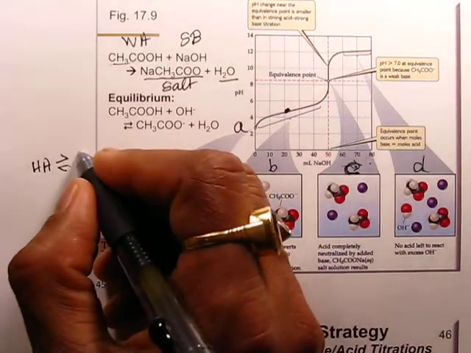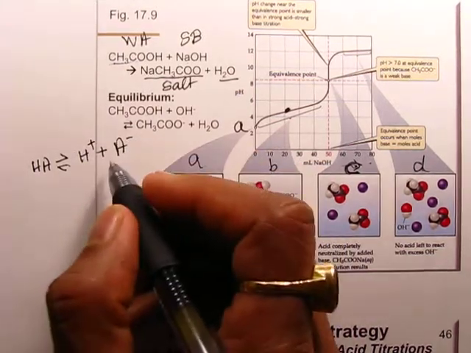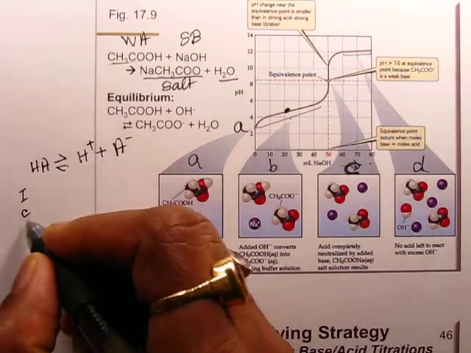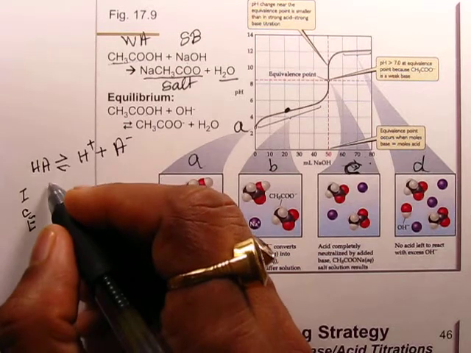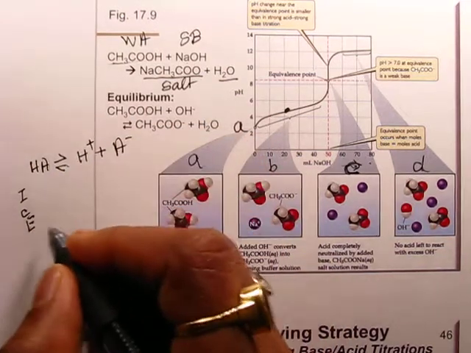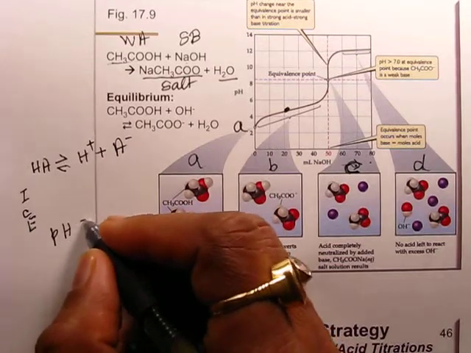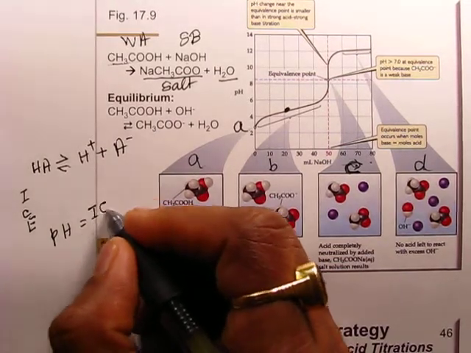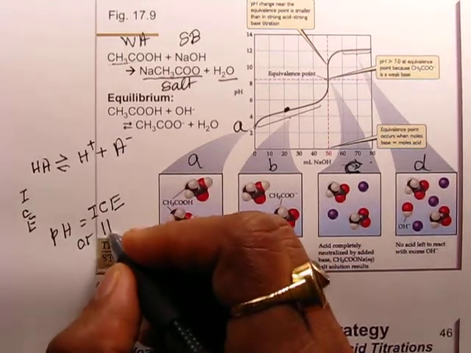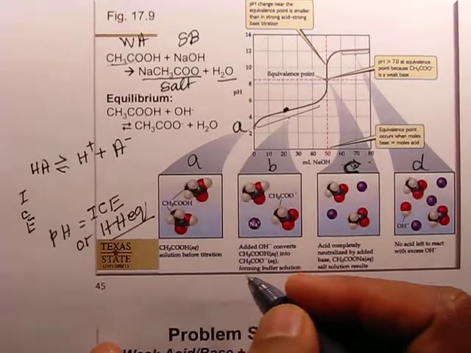If you remember how we calculate the pH for a weak acid, it ionizes into hydrogen ion and anion, and we calculate the pH based on the ICE chart. We will make an ICE chart. In this case, the pH can be found either with the ICE chart or with the Henderson-Hasselbalch equation, the HH equation I am writing here.